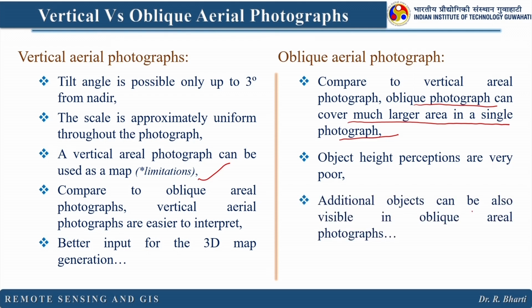Additional objects can also be visible in oblique aerial photographs because you are covering more area. As I told you, photogrammetry is used to derive the properties of your object or the ground using stereo pairs or aerial photographs.